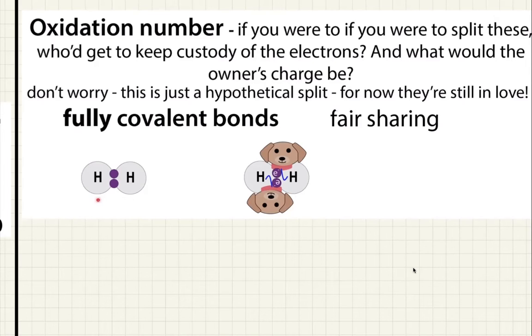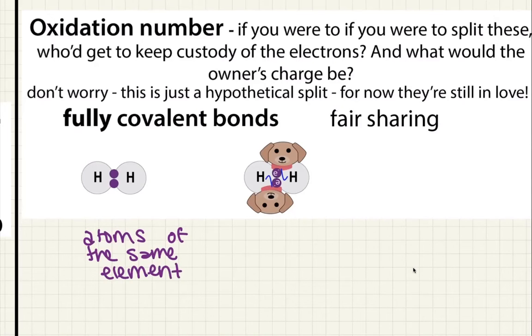Now, if you had a fully covalent bond, the sharing would be very even. The only time you would get a truly fully covalent bond is when you have atoms of the same element. Atoms of the same element are going to give you these fully covalent bonds.